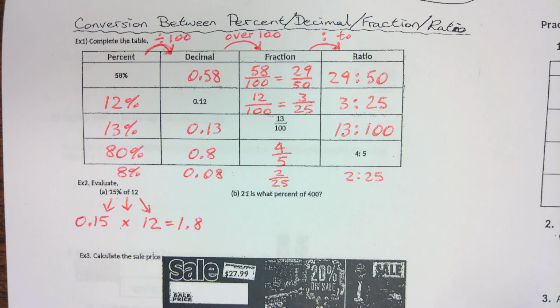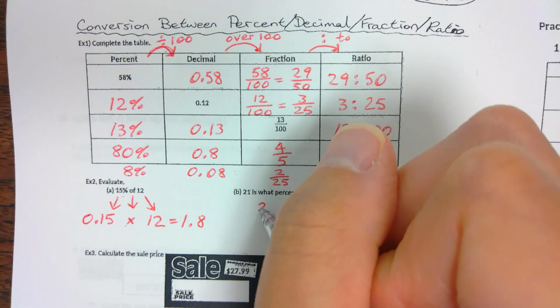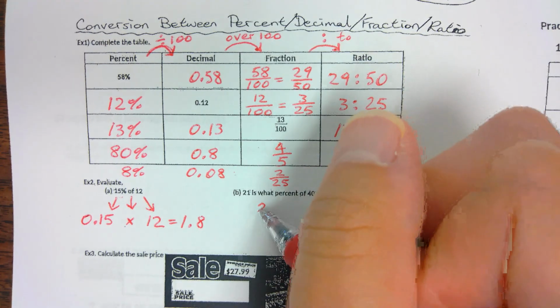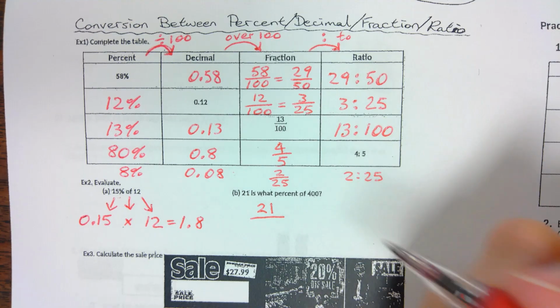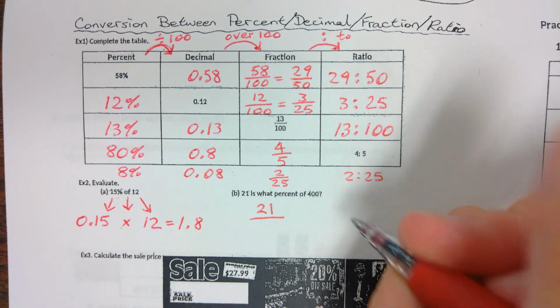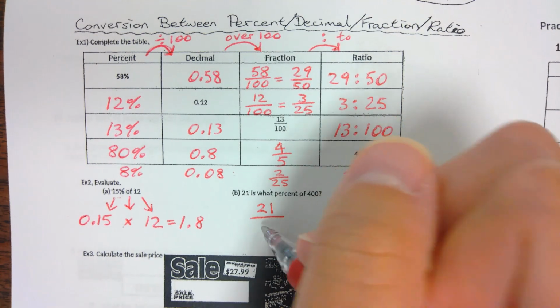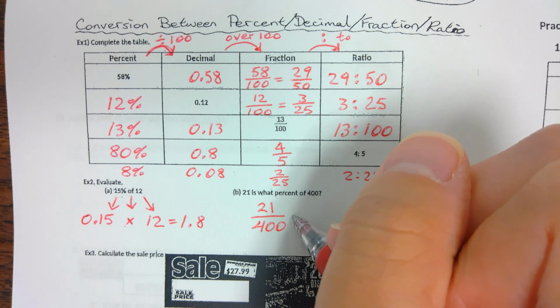Right? And then 21 is what percent of 400? Okay, Kaden, can you tell me what you did? Okay, how did you make it into a decimal? Yes, so it might sound weird, like 21 is what percent of 400? You might be confused with the question. All it's saying is just 21 divided by 400.